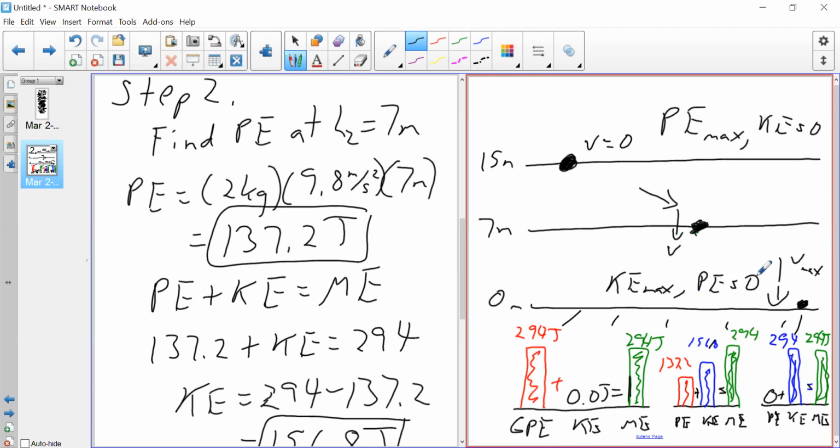But the total amount of energy, no matter where you are in this system, will be conserved, will be the same. 294, no matter where you are, between these 2 points, between 15 and 0, 294, 294, 294 total. But the amounts between PE and KE change. But the sum never changes.